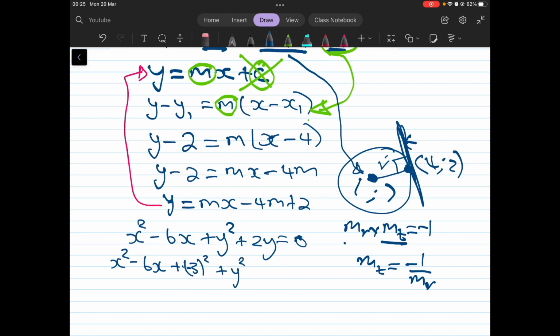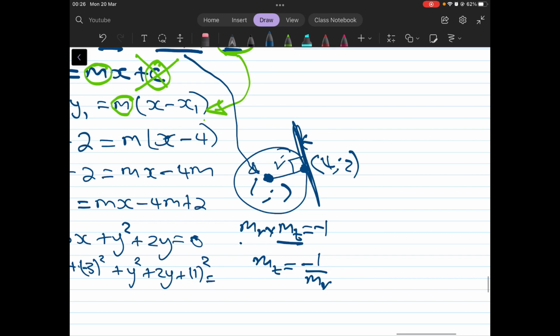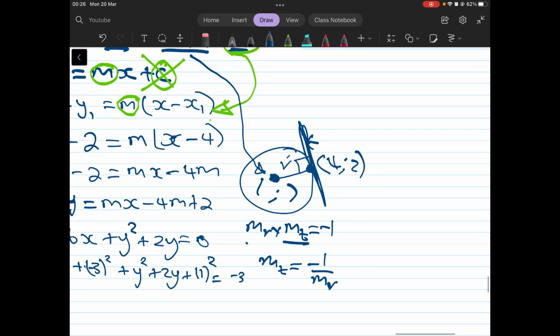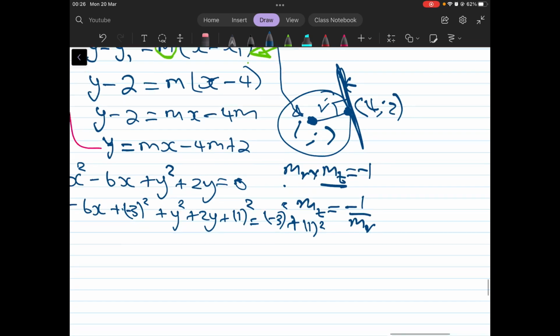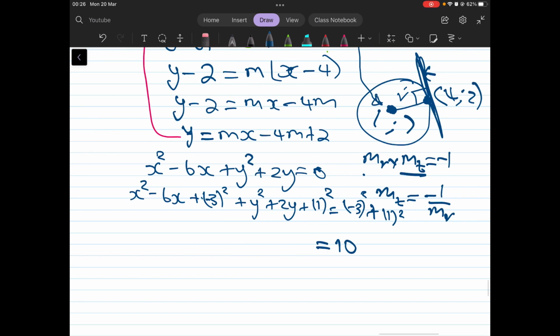For y squared plus 2y, we take the coefficient of y, divide it by 2 first, then we get 1. We square it and add it on both sides. On the right hand side, we're going to add -3 squared plus 1 squared. That will mean on the right hand side we have 9 plus 1, which is 10. On the left hand side, we have y plus 1 all squared plus x minus 3 all squared.